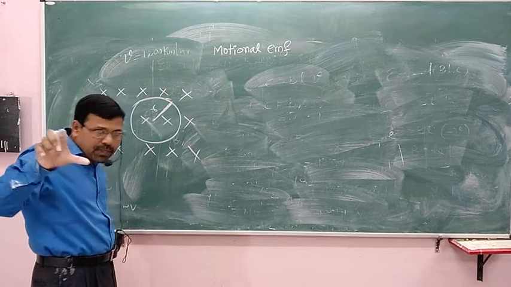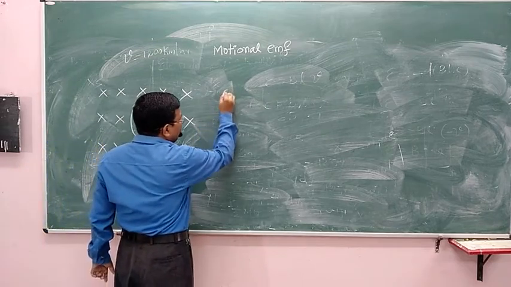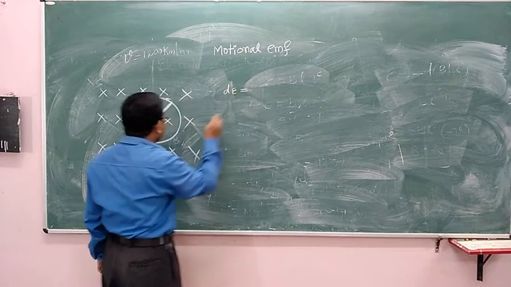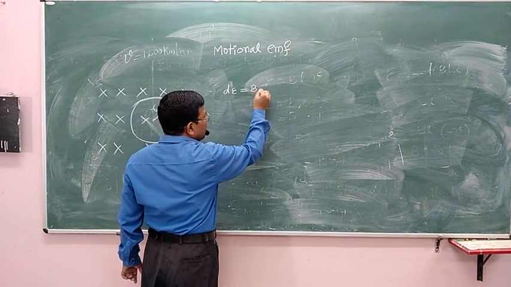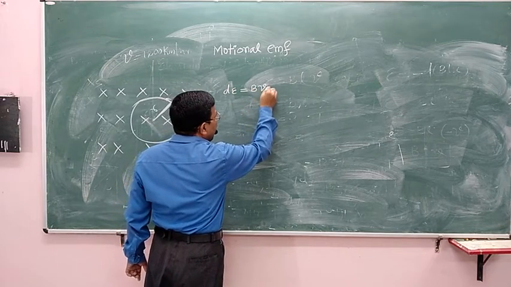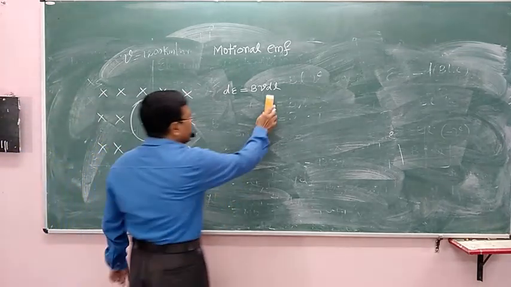It appears to be a linear motion for a small distance, so the induced EMF is equal to B, V and dl. Here dl we can take as dr.